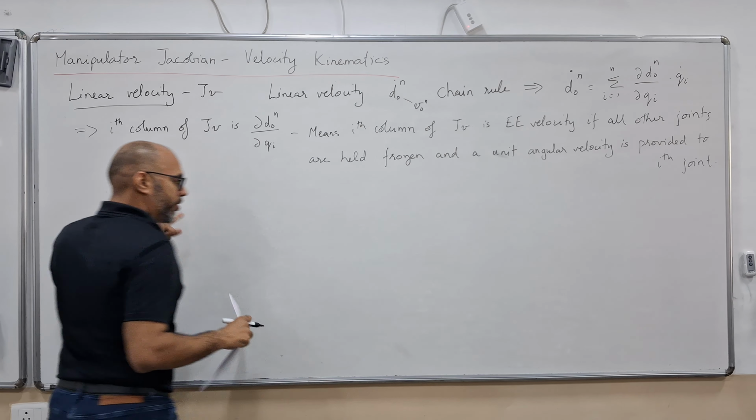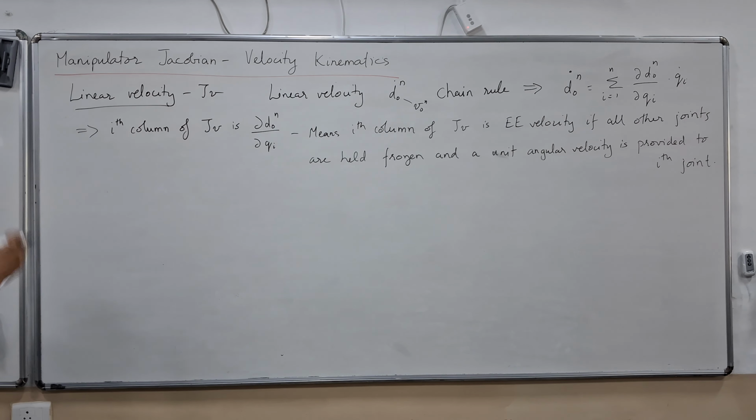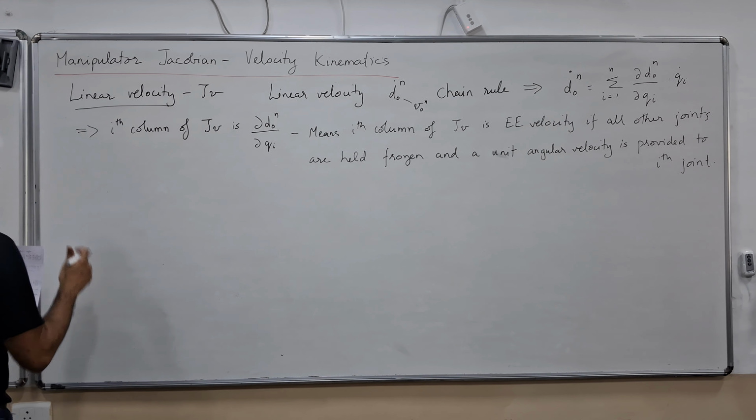So this idea we will use to derive the columns of JV column by column.